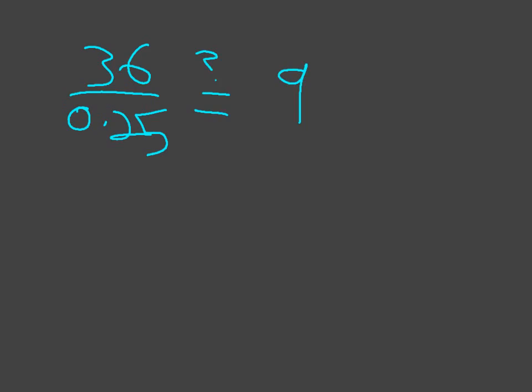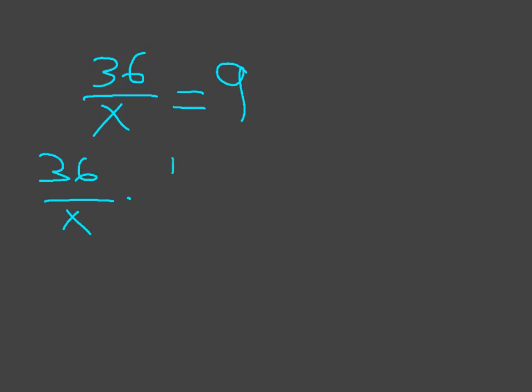And see that 36 divided by 0.25 is actually 144, which is not equal to 9, which tells us that we did something wrong. Okay, so let's see where we went wrong. Okay, so basically there's two ways I can think of doing this right.